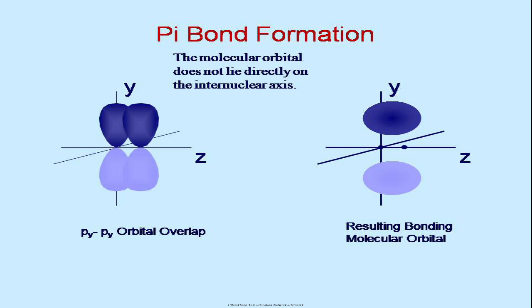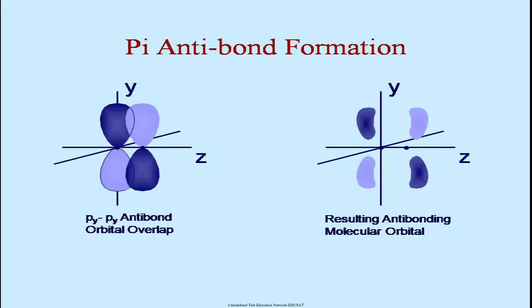This is the pi bond formation for the p orbitals. The pi bond formation takes place by lateral overlapping of p orbital lobes of the same sign. These two same-sign orbitals should remain on the same side for the overlapping to take place.